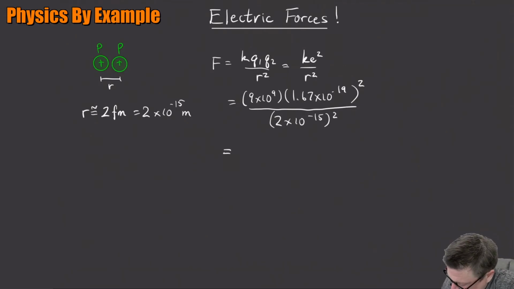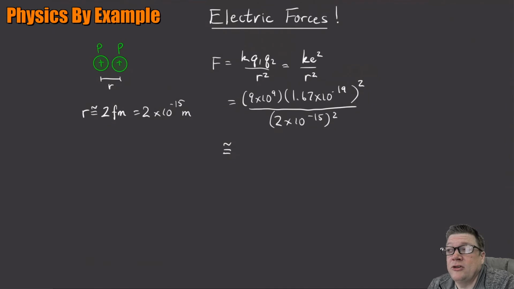All right, so let's see. Let's just, again, roughly figure it out. I'm not interested in what the actual answer is. On the bottom, 2 squared, that's going to be like 4. 9 divided by 4 is something like 2. 1.67 squared, 16 squared is 256, right?